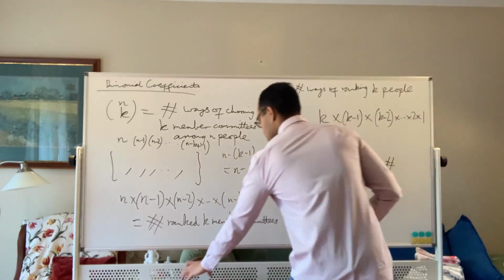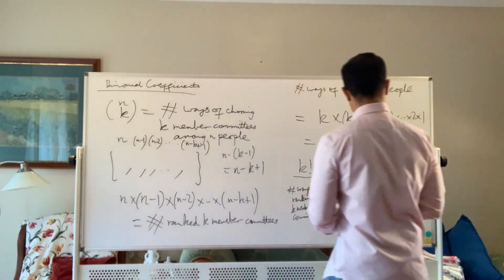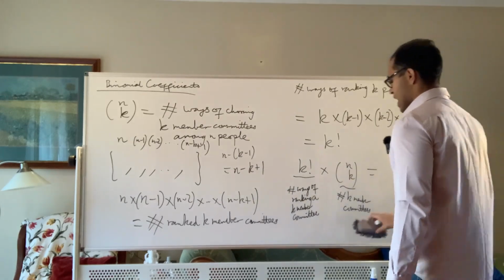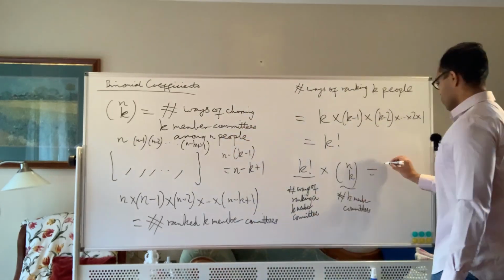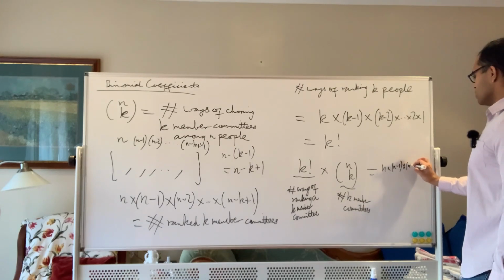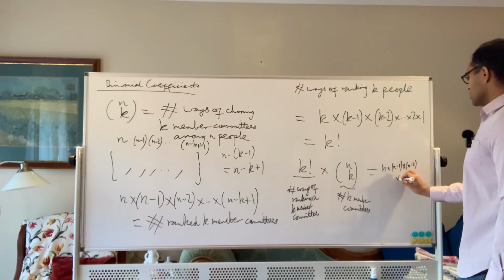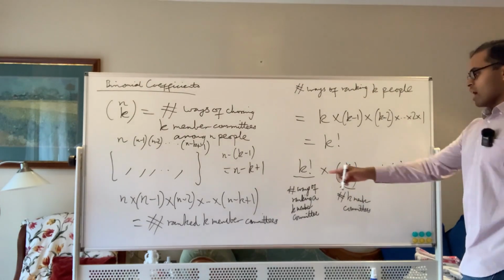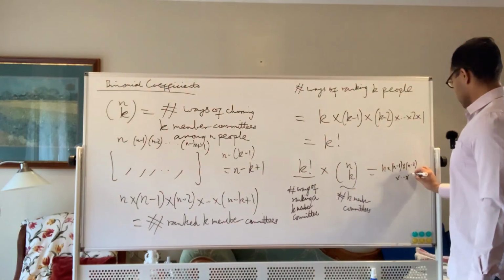So that is going to equal this number here that we worked out, which I'm going to write as n times n minus 1 times n minus 2 times ... times n minus k plus 1.